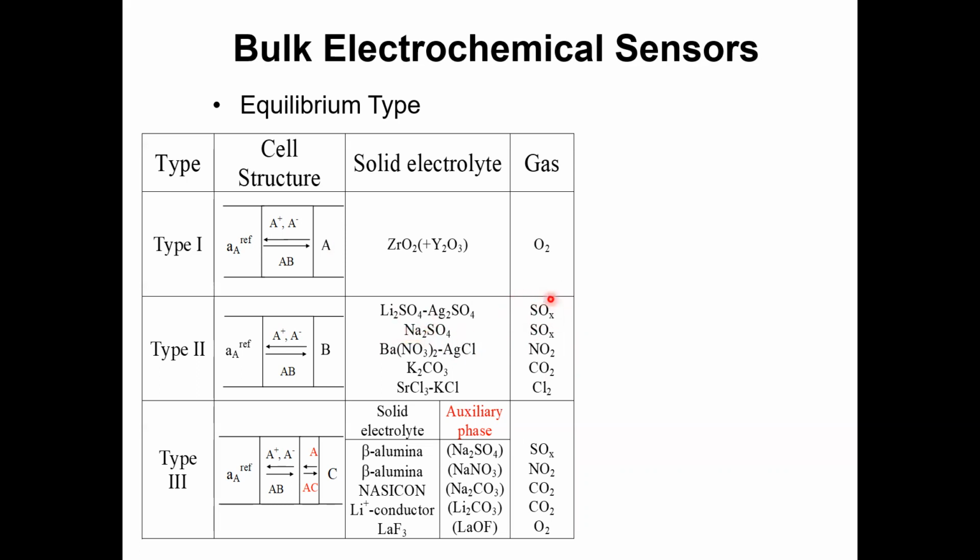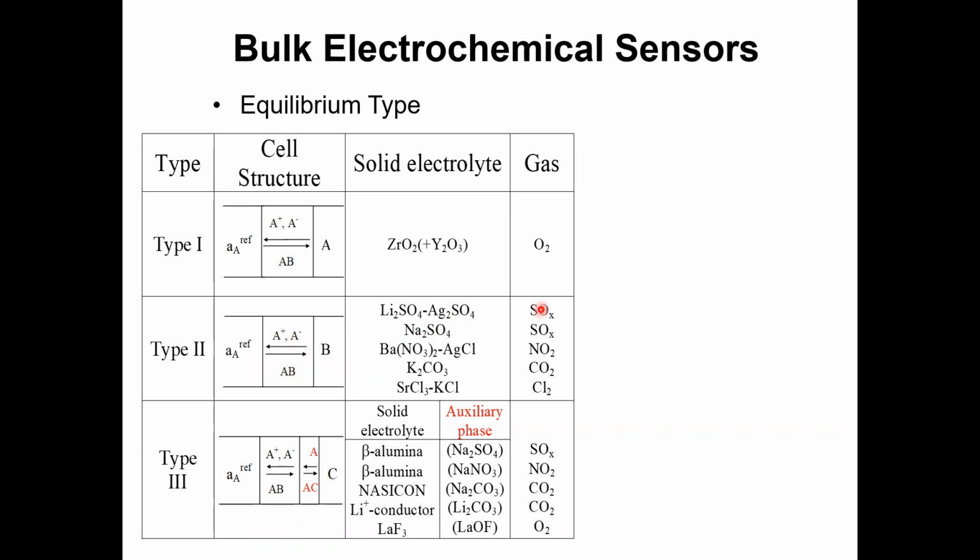Your gas environment does not interact directly with the transporting species, but interacts with the conjugate sulfate ion in the compound. So there's indirect coupling.